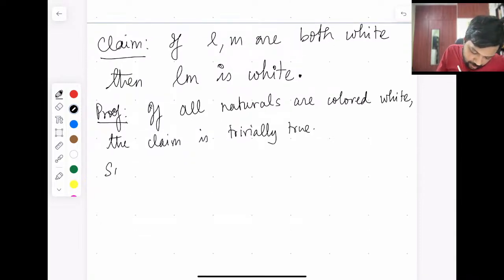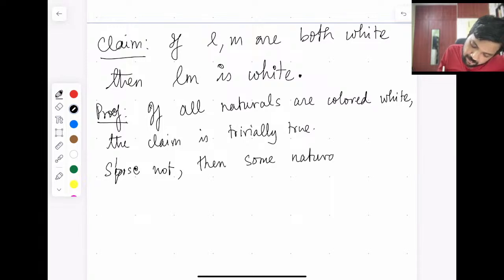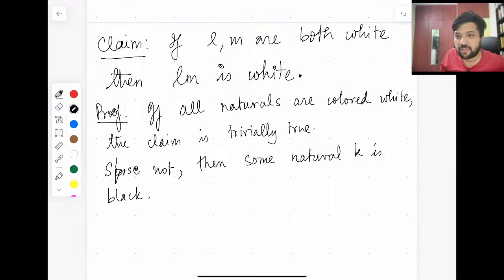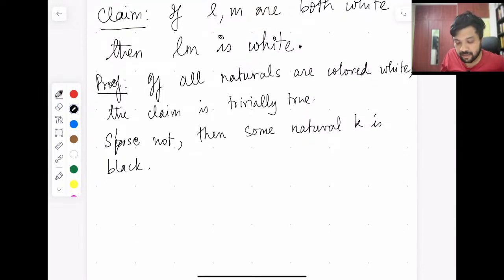Suppose not, suppose all of them are not white. Then some natural K is black. K is black.